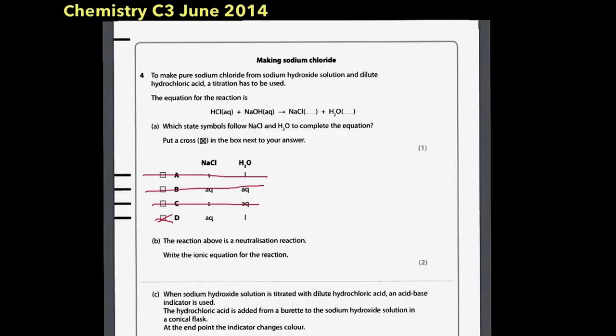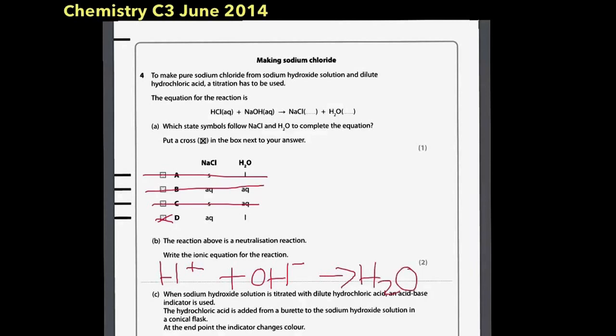The next part of the question asks you to write the ionic equation. Now, I particularly found this hard, but with lots of practice, you can get any equation correct. So it would be H plus OH, and this is a neutralization reaction, which we learn from year 10, equals H2O.